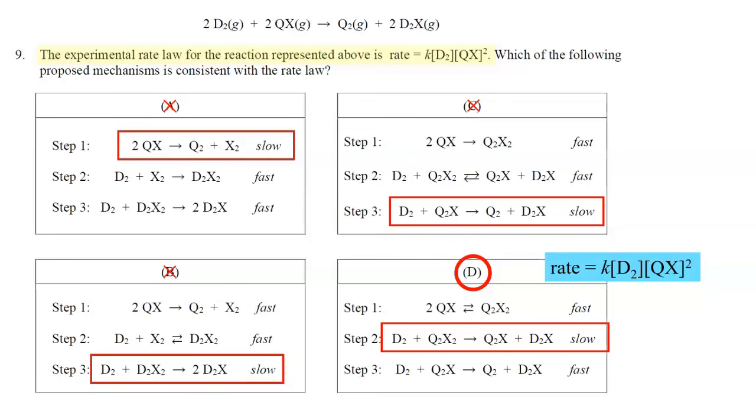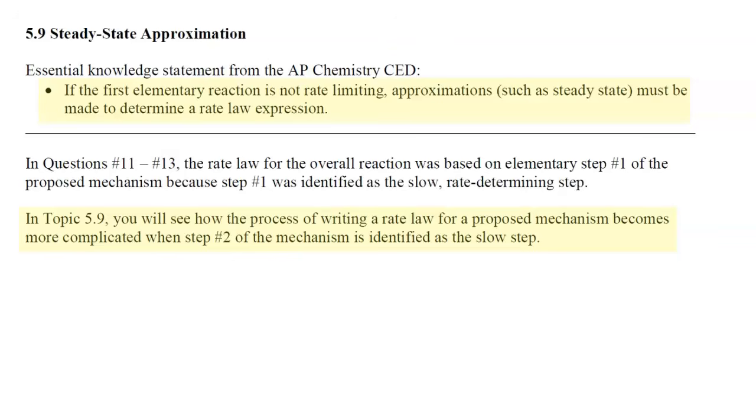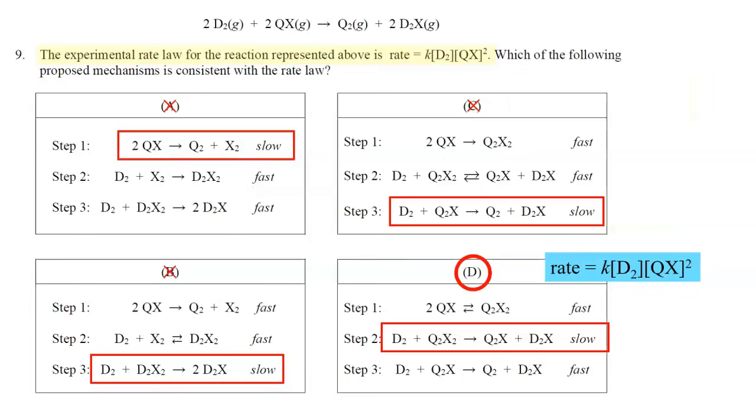So what we typically see in AP chemistry is either something like choice A, where the first step of the mechanism is the slow step, or we see something like we saw in choice D, which falls under topic 5.9, where the first step is a rapid equilibrium and the second step is the slow step. So in that procedure, to substitute for the intermediate, I have shown you that choice D is in fact the correct answer to this question.